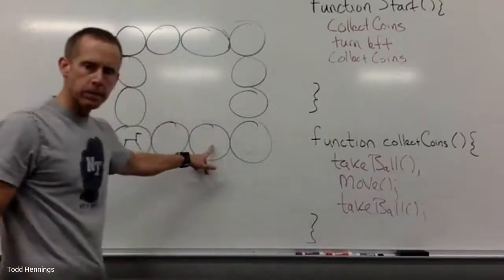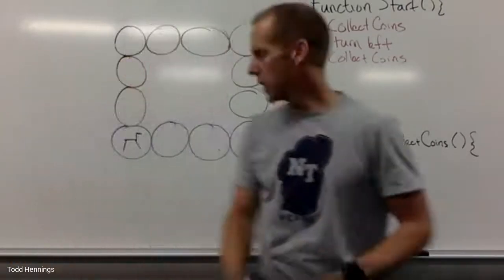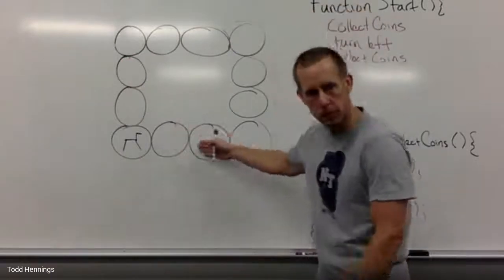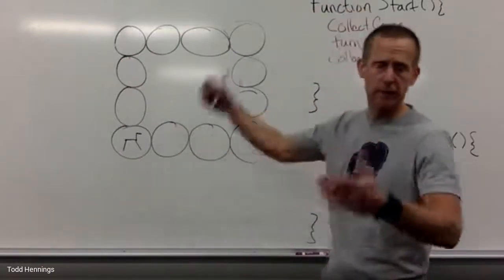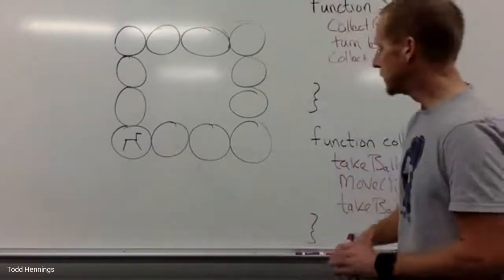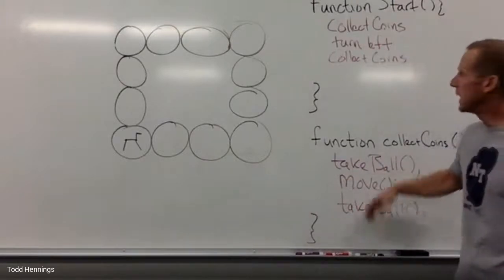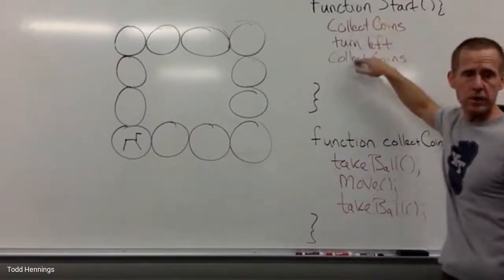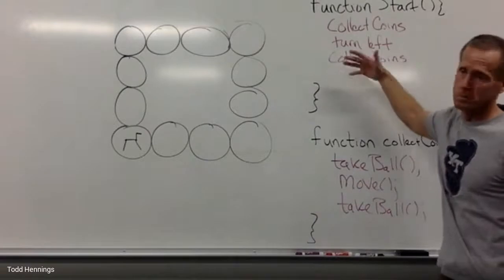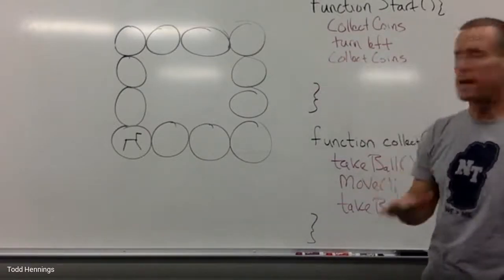And move again. What's different in this case is I'm not telling it to go through individually, take ball, move, take ball, move, take ball, move, turn left at some point, which took 28 lines of code. I'm telling it to do this take ball, move thing once with the function, and then I'm telling it to repeat that procedure when I'm calling that function probably 4 times. So that's a start, and this will give you an idea.